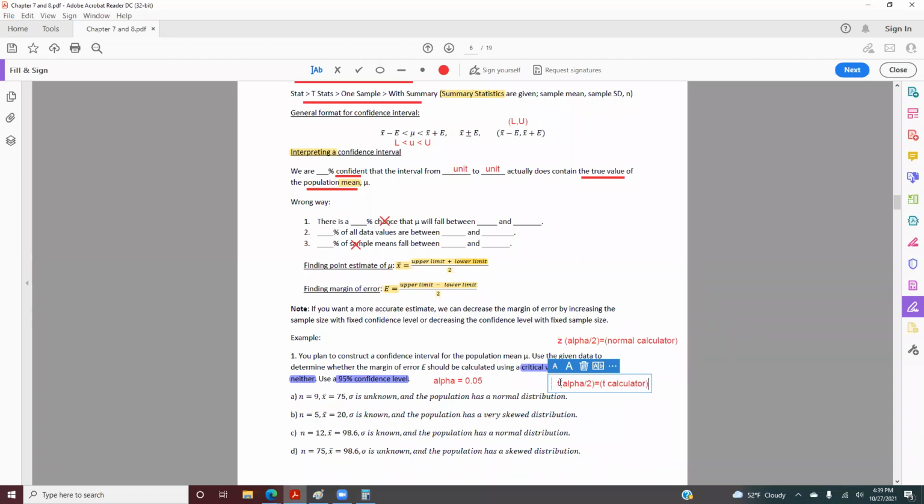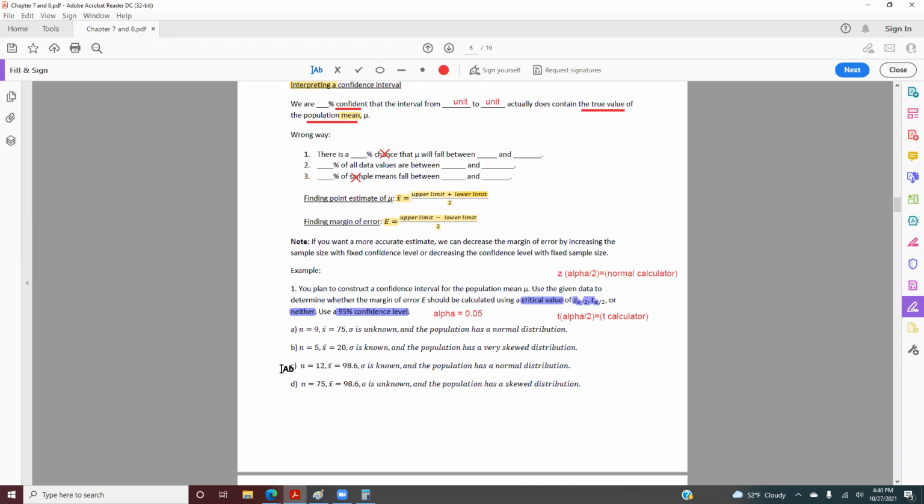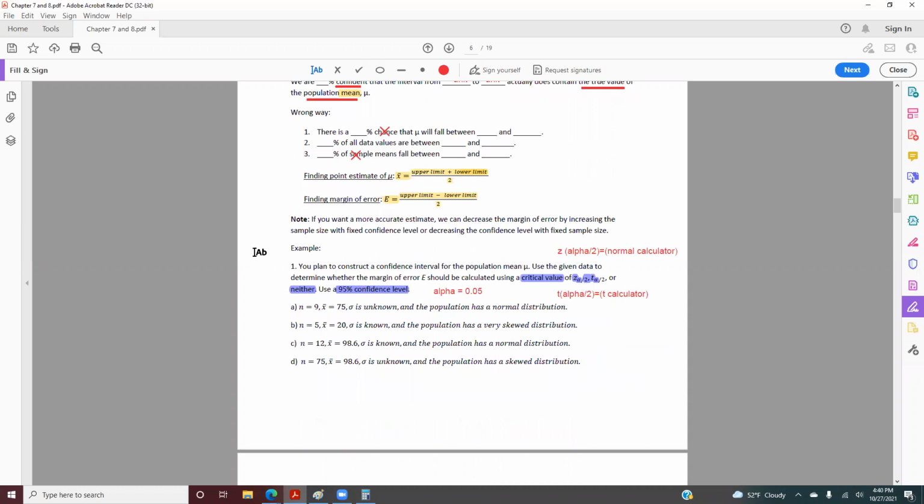So in your StatCrunch, there is a normal. When you go to calculator, we got binomial, we got normal that we used in chapter 6. We got T. So how do we know that we are using Z alpha, T alpha, or neither here? So please pay attention. This is very important.